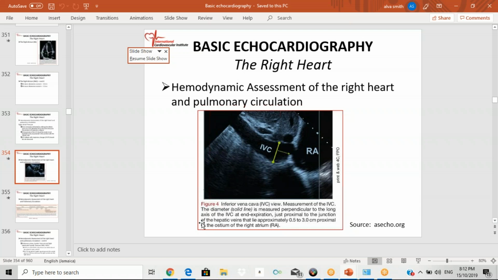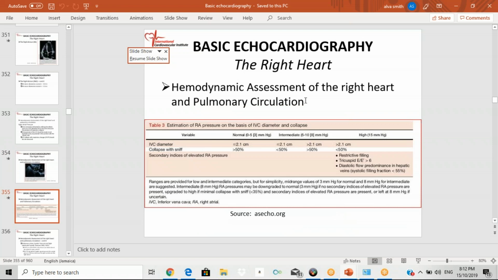So anything that falls in between is about 8 millimeters mercury, and this is a table that you need to know.